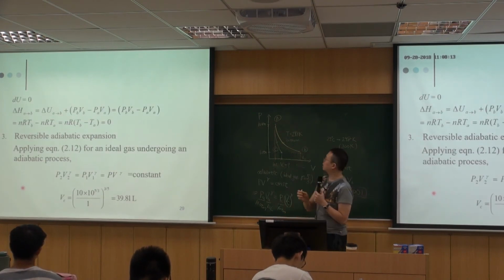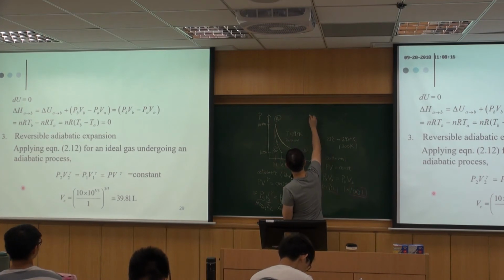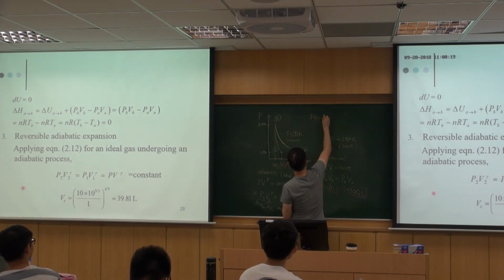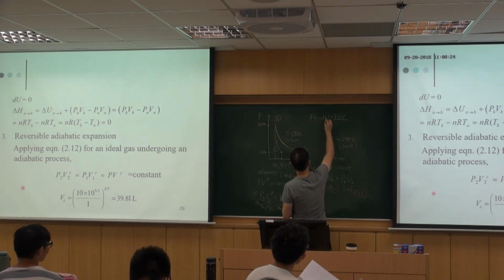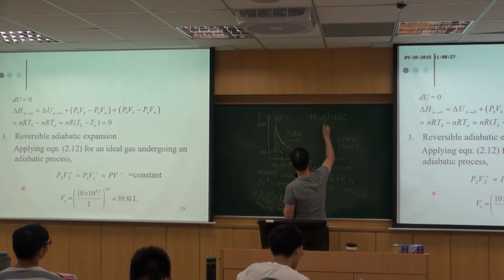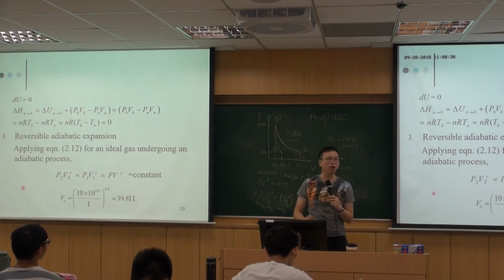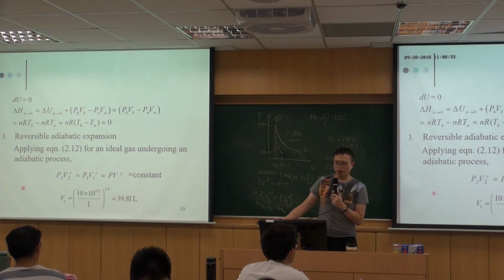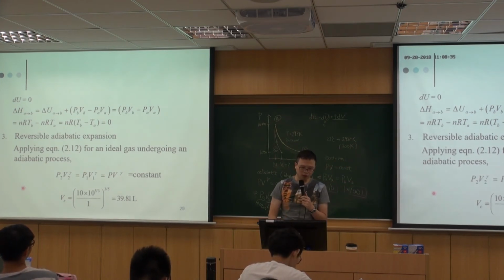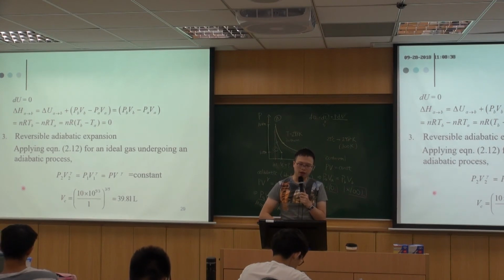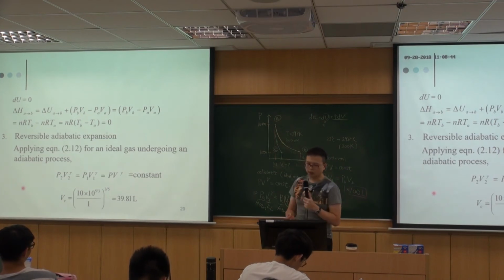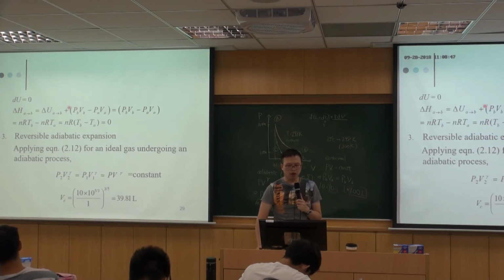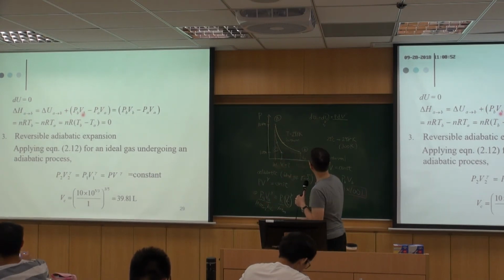And for the isothermal process, we just calculate this, and this term is 0, right? So for the isothermal process, delta U is 0. And then we want to calculate delta H. Delta H is a little bit more complicated, but in this problem, it's very simple. Delta H is the sum of delta U with the change of P times V. This is from the definition.